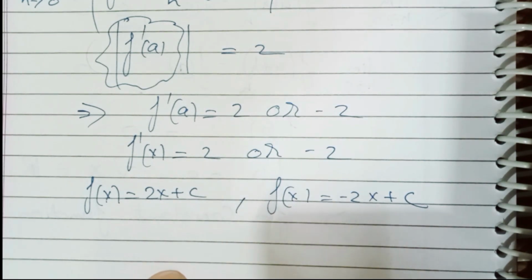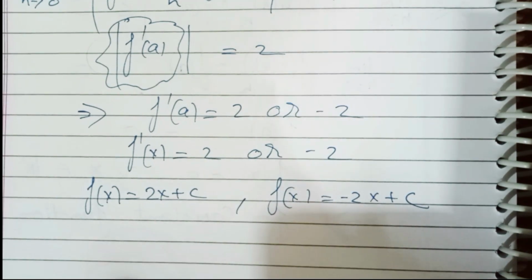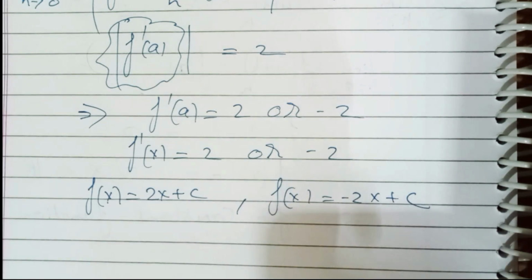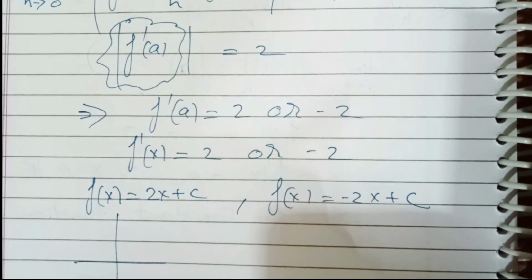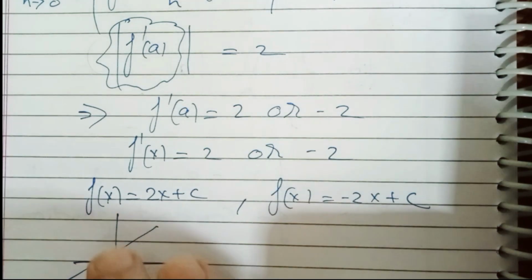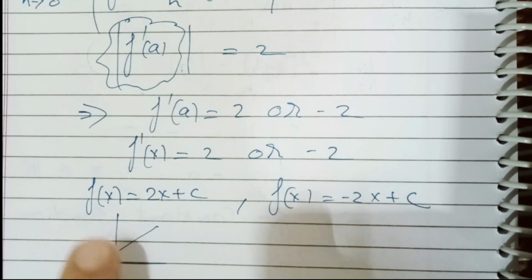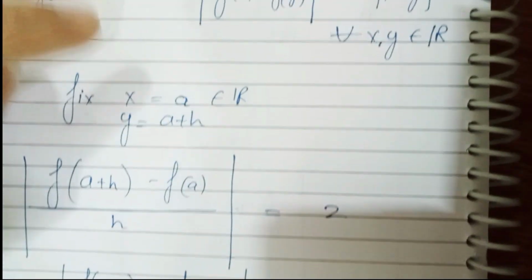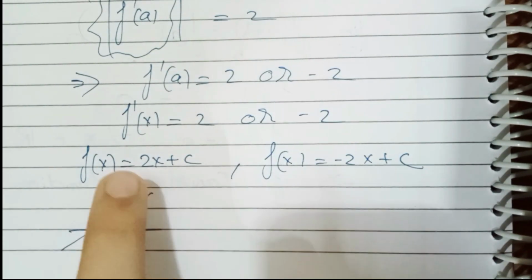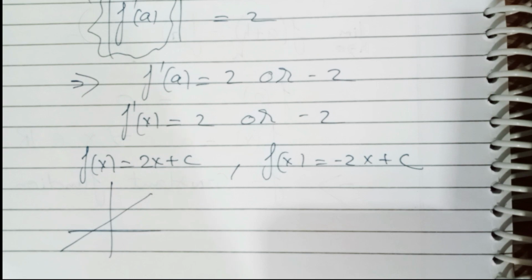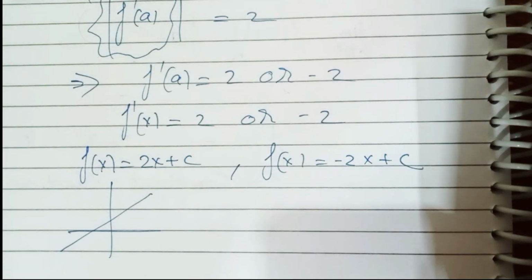You cannot say that the function is 2x plus c throughout. What you cannot say is these two are all the functions. Of course this function will satisfy these conditions, very well true, but you cannot say that these two are the only two functions, at least from this calculation.